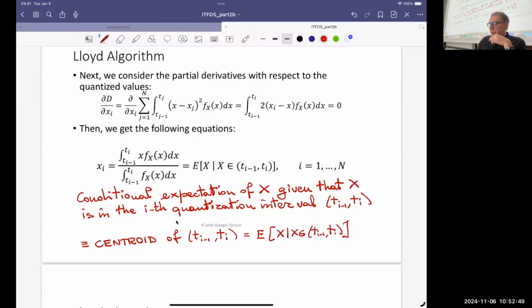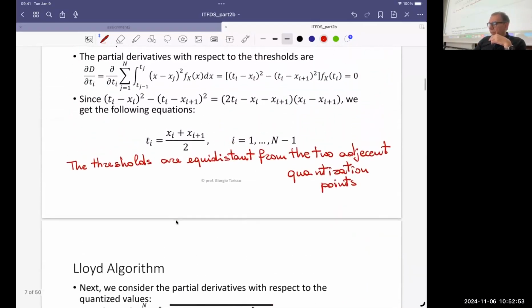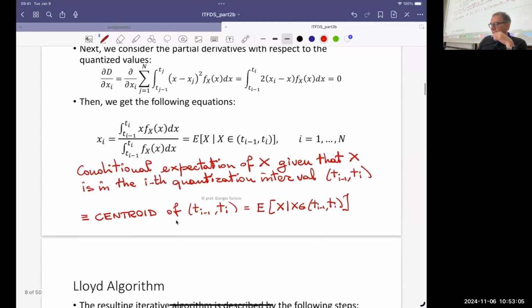So we have two sets of equations. We have n-1 equations that give us the thresholds if we know the quantization points, and another set of n equations that give us the quantization points if we know the thresholds.